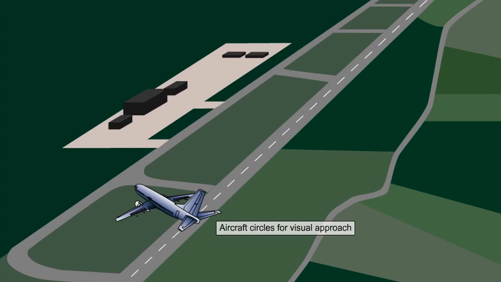If the calculated minima for the MRJT are those shown in the previous table, that is, MDH 600 feet and visibility 2,400 meters, when the aeroplane is level at 600 feet above the aerodrome, the pilot must have an in-flight visibility of at least 2,400 meters to visually maneuver for a visual approach to the desired runway.